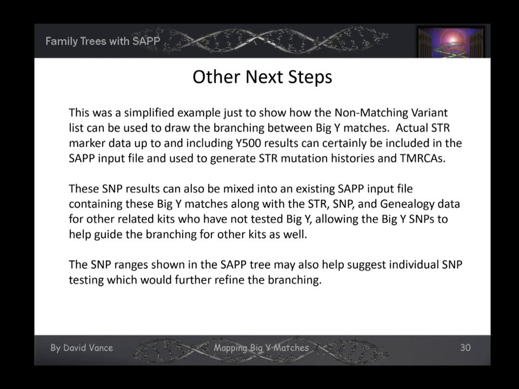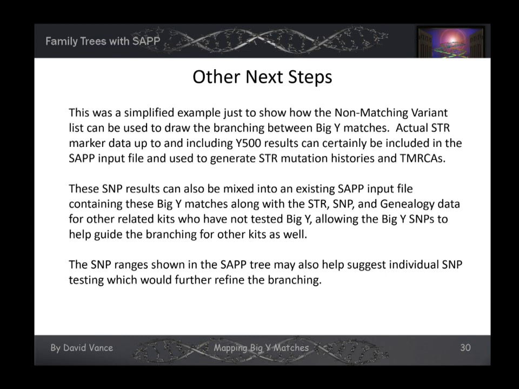And it will mix those in with these results and help to adjust the tree even more, perhaps give me more descendants under some of these common ancestors, and suggest where others that haven't taken Big Y may be positive for these SNPs. Or it will help guide the branching to the other people in my project. So that's very useful data.